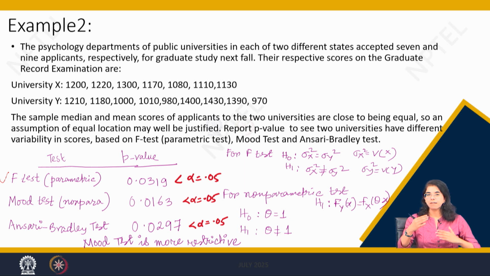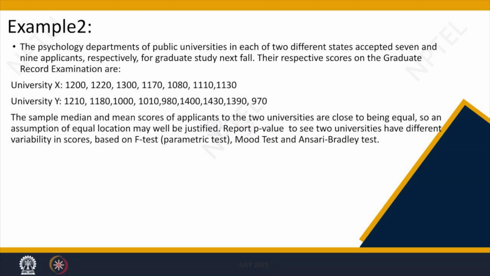Same problem, but three different p-values. Now, you can understand which one is more restrictive. Lower the p-value, more restrictions are there. So mood test is more restrictive. You can see 0.016 is the lowermost value.